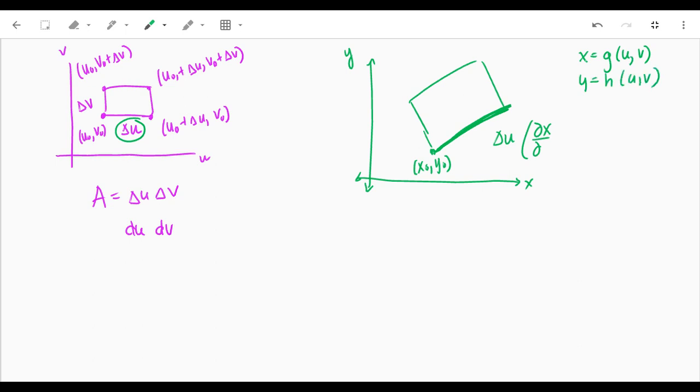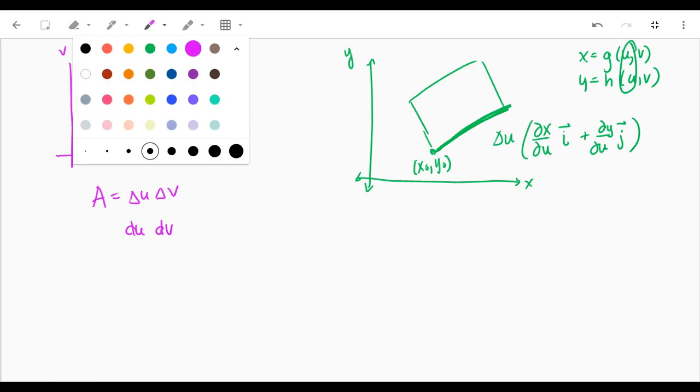So we take that delta u and get it going in the right direction: dx du in the i direction and dy du in the j direction. Get your horizontal and vertical components from what was u into their x and y components.